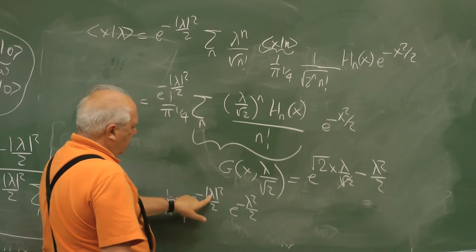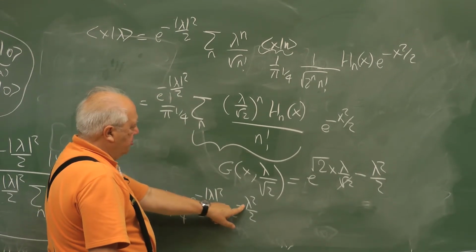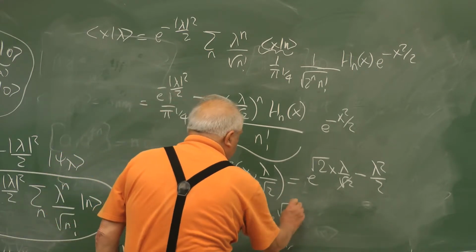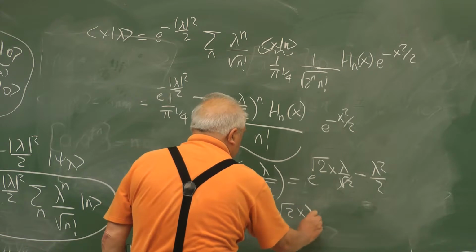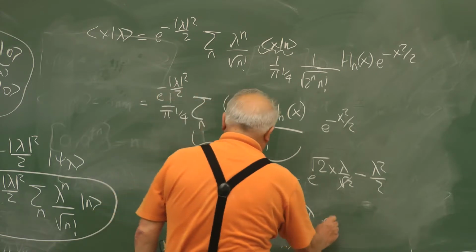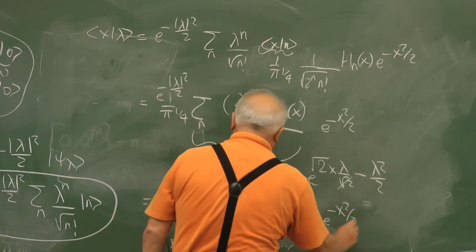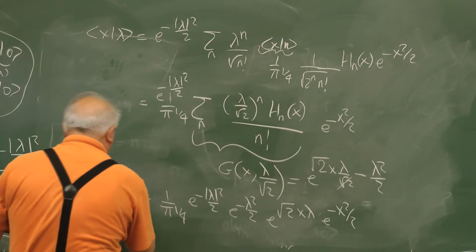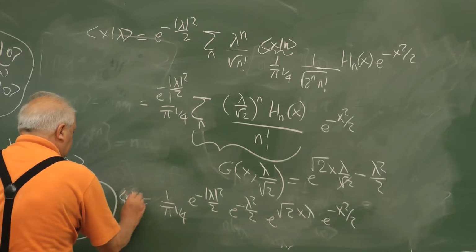This is just the square of this complex number. Then e to the root 2 x lambda times e to the minus x square over 2. And this is our x lambda.